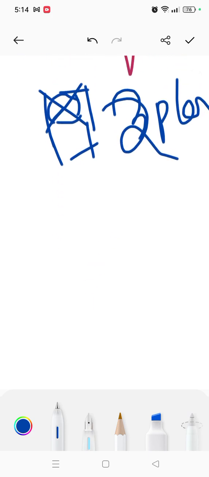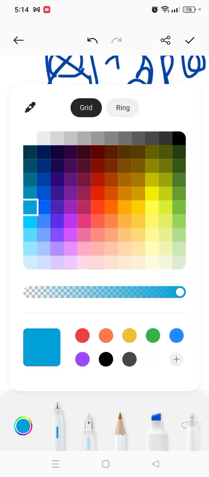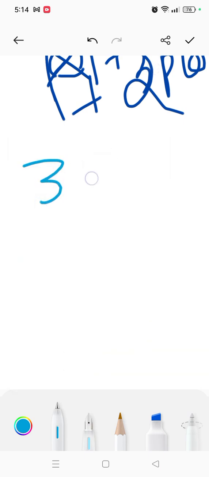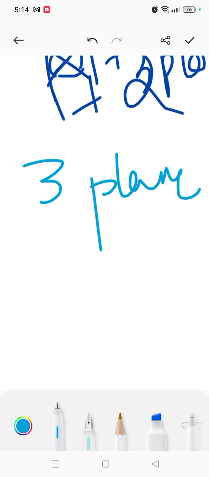Now we have another example, about three planes at right angles. In this one we'll not have a vertical but a horizontal structure.